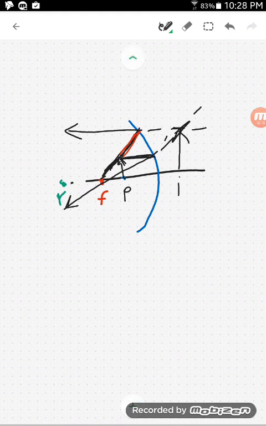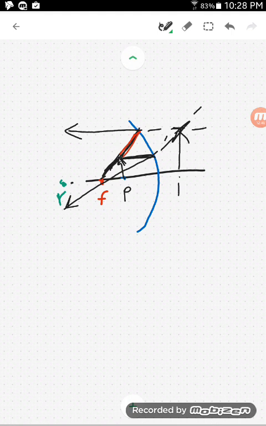And clearly from the positions you can see on here, because the image is located behind the mirror, on the opposite side from the focal point and the object, you know that it's going to be a virtual image. Plus you can tell that by the fact that the rays that are completed to show where the image is are imaginary rays in a sense, because the real rays are in front of the mirror where the focal point and the object are.